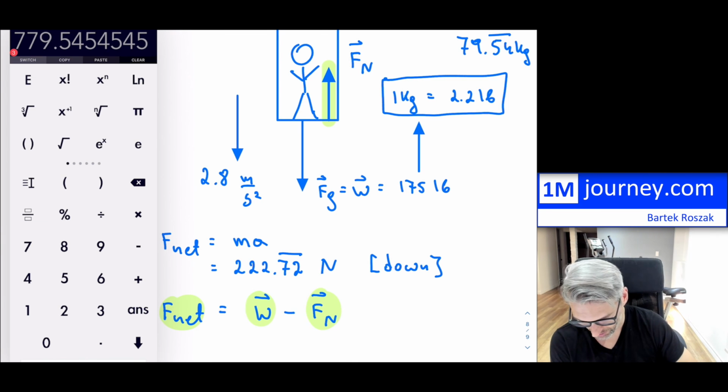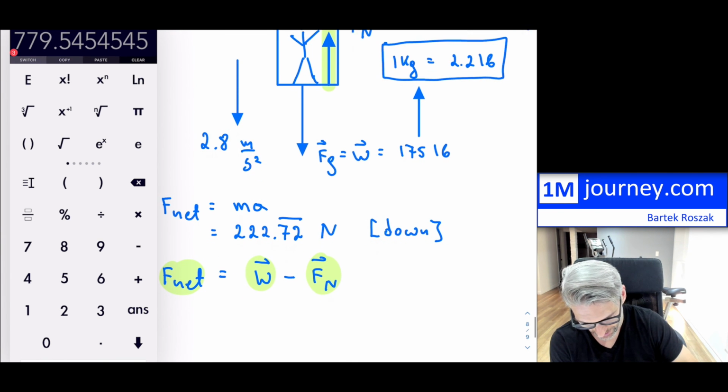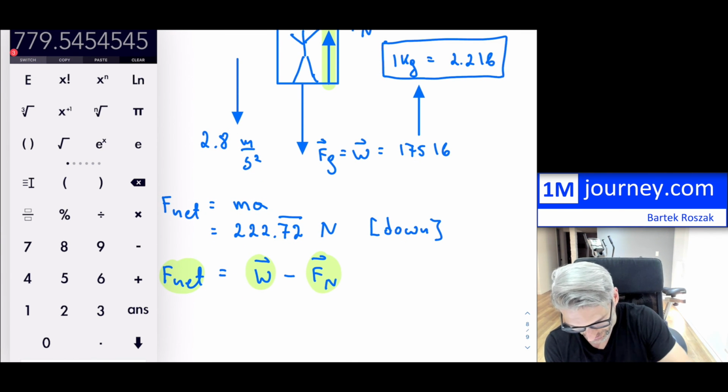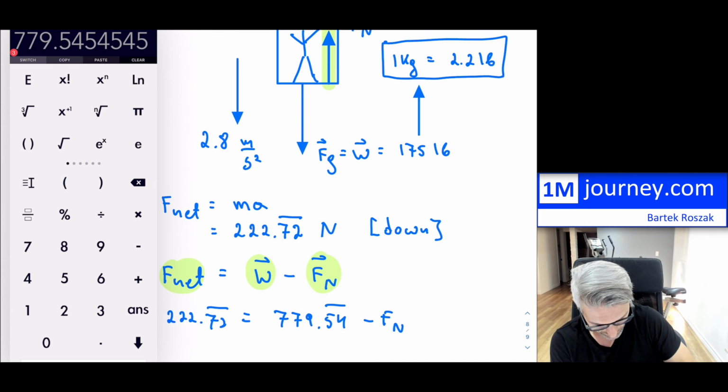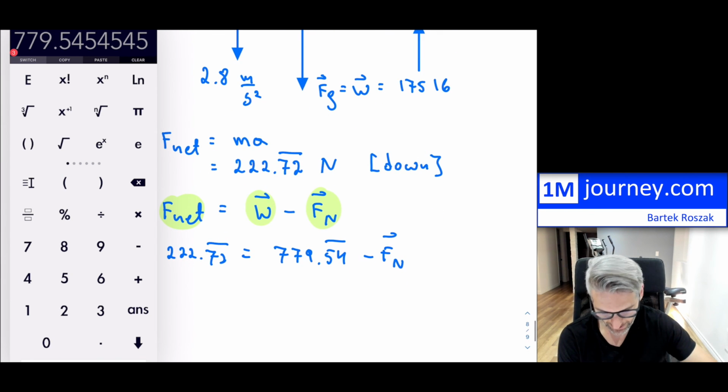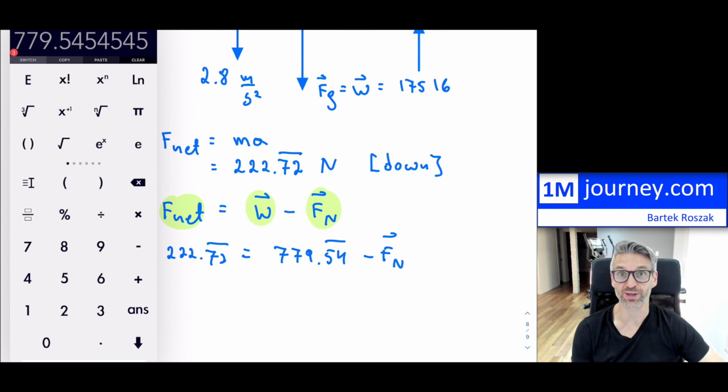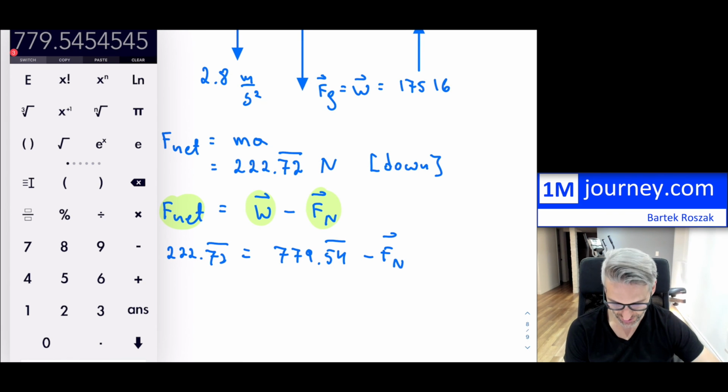So it's about 780, it looks like. So we know 222.72 equals my weight, which is 779. You don't have to be this accurate in here. Hopefully your teacher won't be that mean, but it did say don't round in intermediate steps at the top, so I'll just leave it.